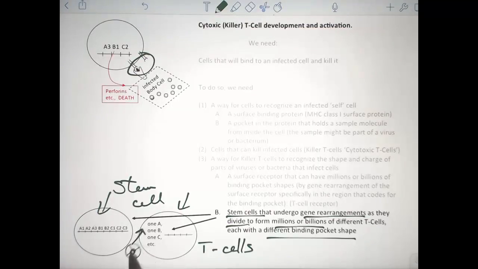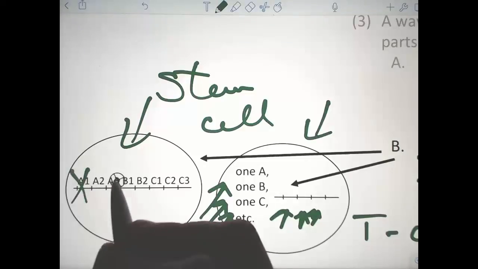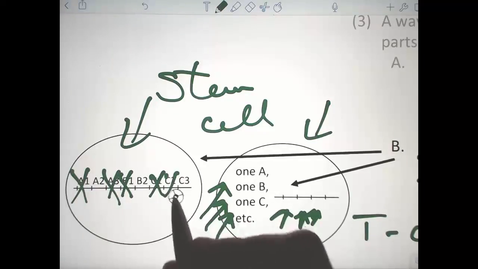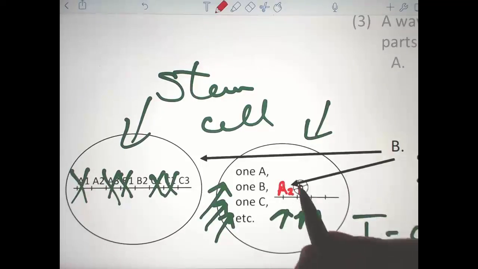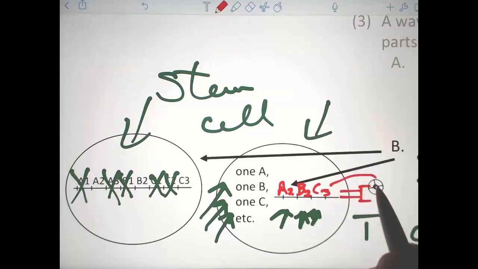In this case, 1A, 1B, and 1C. And we've eliminated all but one of the A's, all but one of the B's, and all but one of the C's. And that will code for a T cell receptor that has a specific shape in its binding pocket.